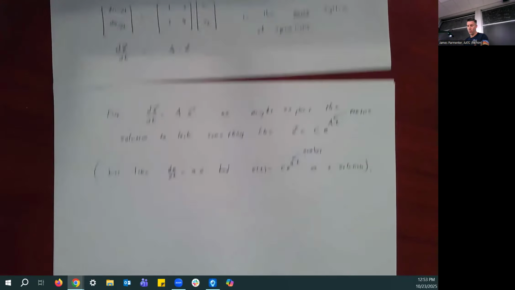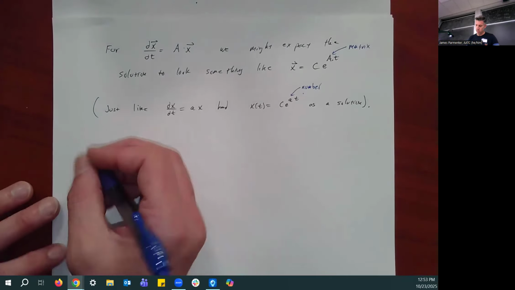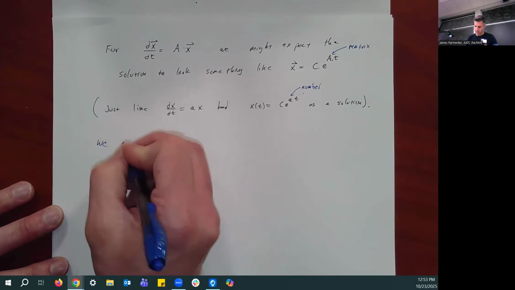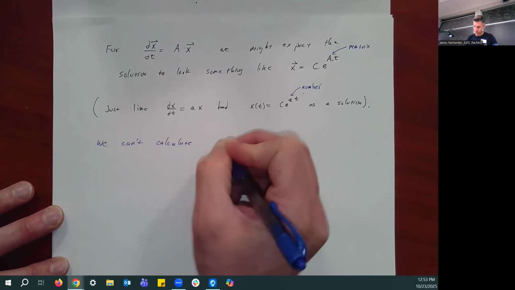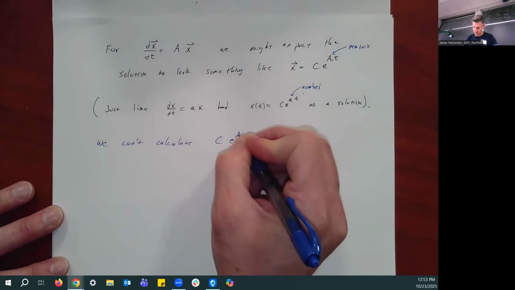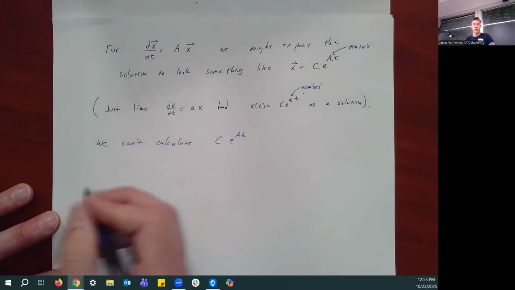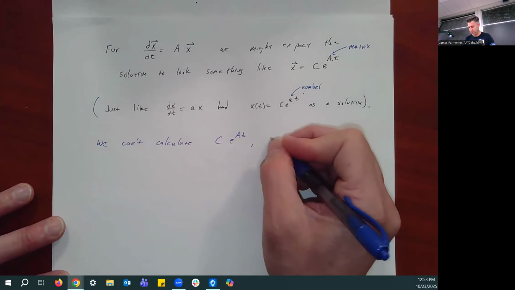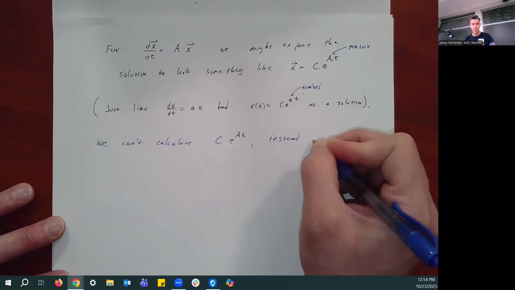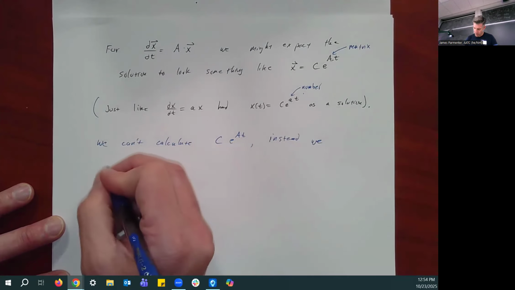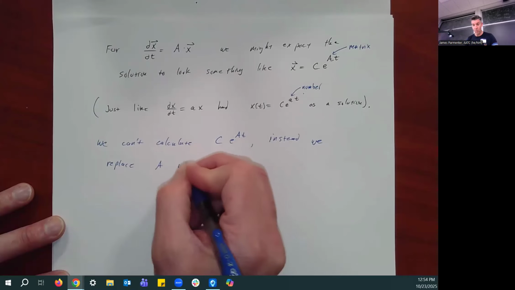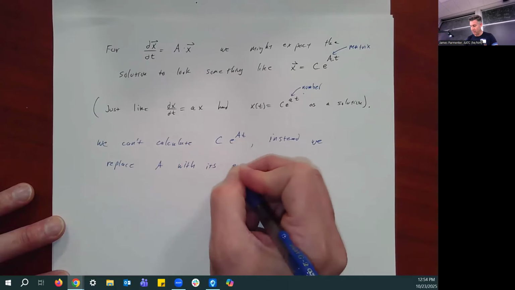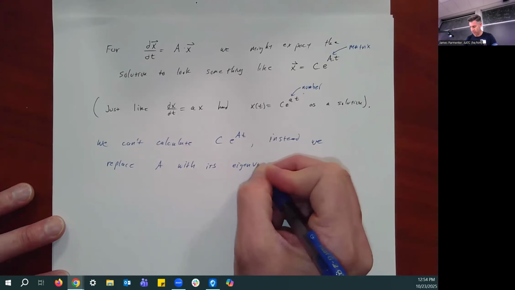So what do we do? We can't really calculate c e to the At. So instead, we replace the matrix A with its eigenvalues and eigenvectors.